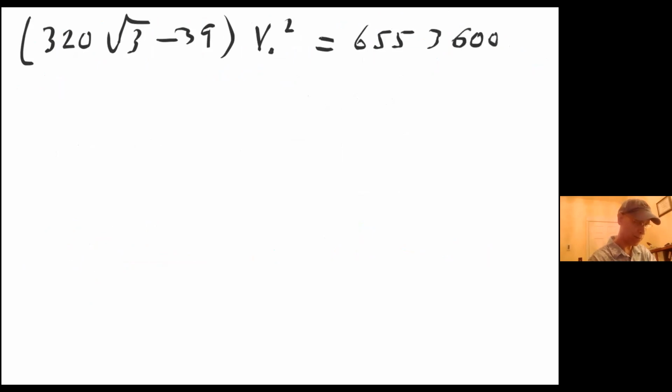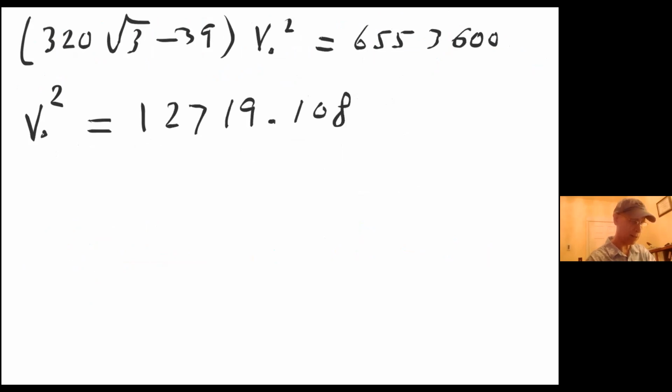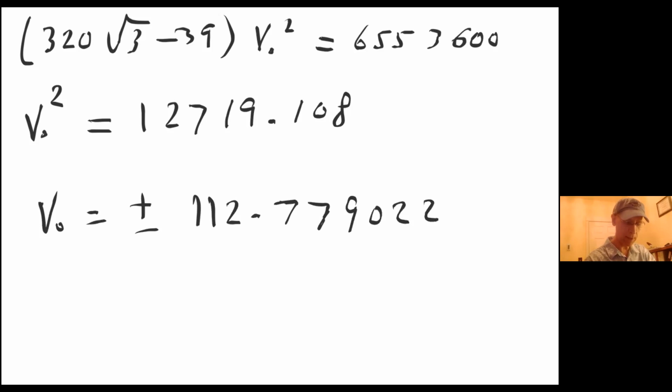And so v naught squared equals, dividing both sides by the coefficient of v naught squared, 12719.108, and taking the square root of both sides, I get v naught equals plus or minus 112.7790229. And of course, I'm going to toss the negative root because I cannot have a negative initial velocity.